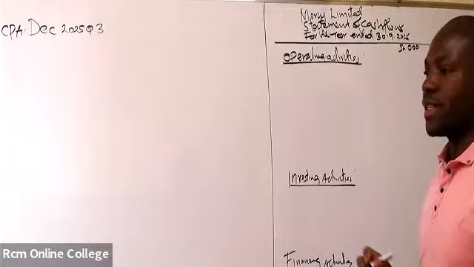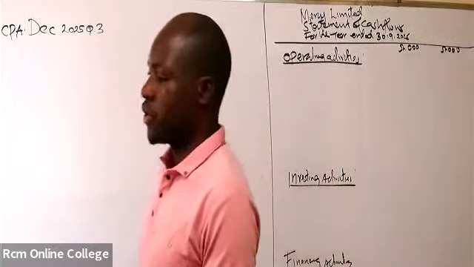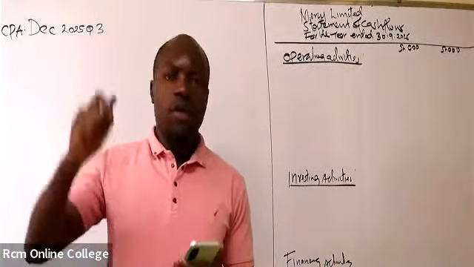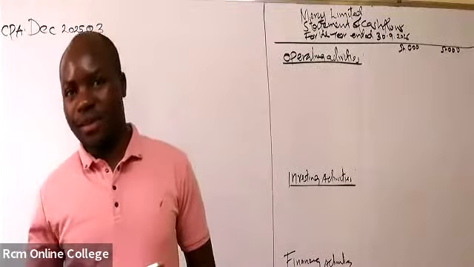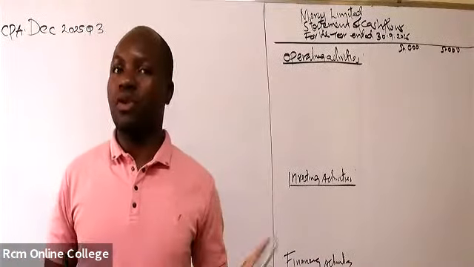Good. What is the starting point? So the starting point depends on what you have been given in the question. The usual starting point is what we call profit before tax. So if you have profit before tax, that will be your starting point.